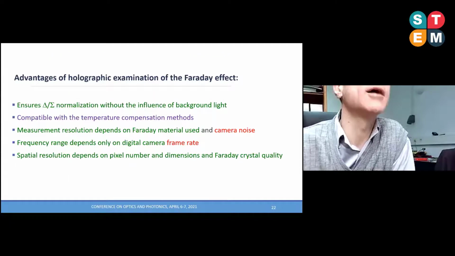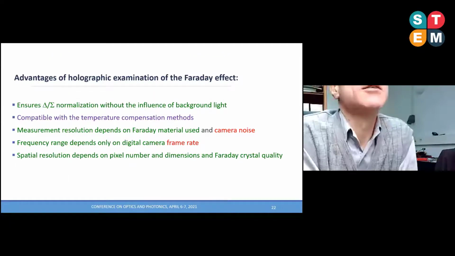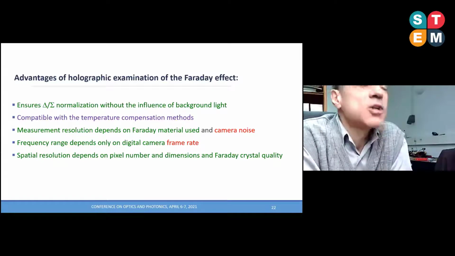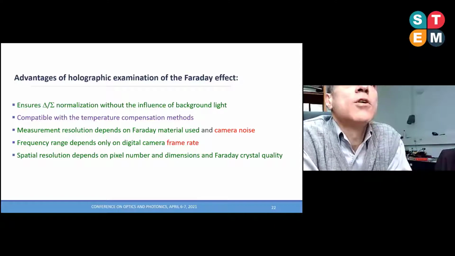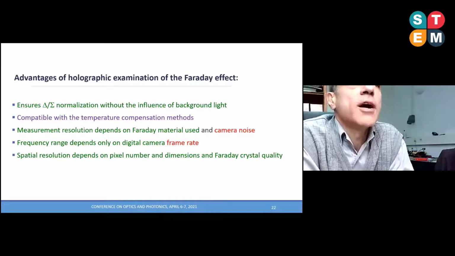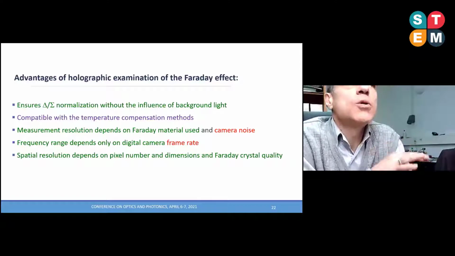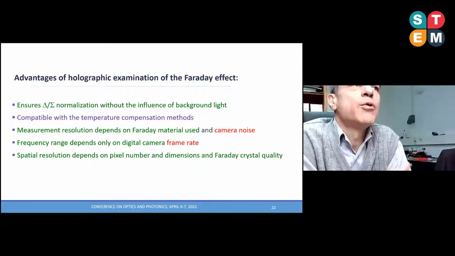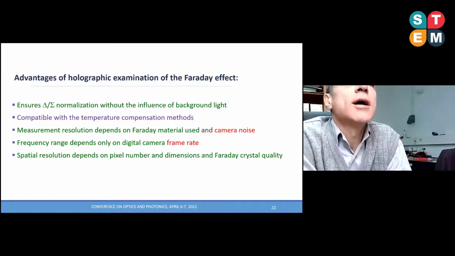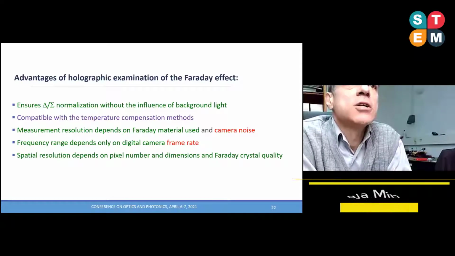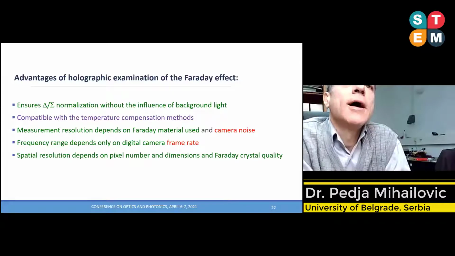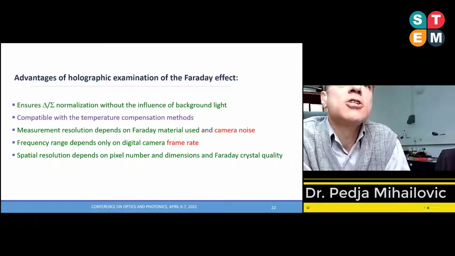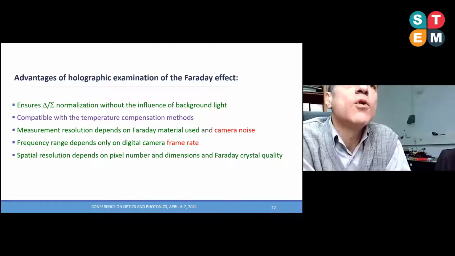And I want, in the end, to try to answer our question from the beginning. So what are the advantages of holographic examination of the Faraday effect? Well, we proved that it can ensure delta over sigma normalization. And note that you can filter out background light as a spatial DC component before hologram reconstruction.